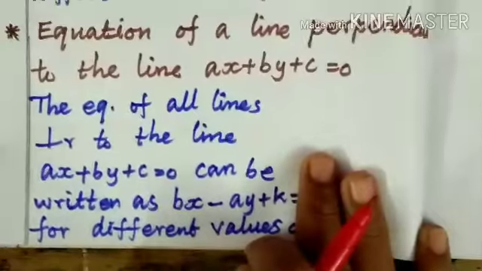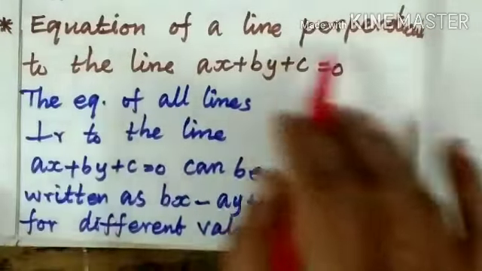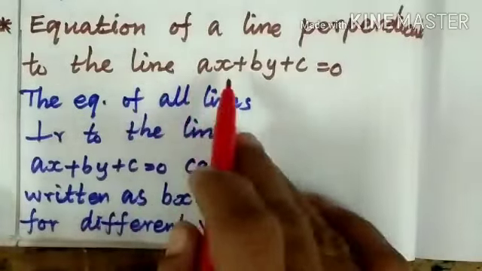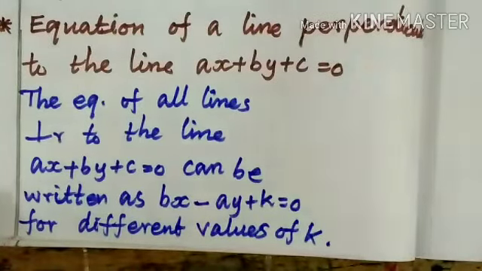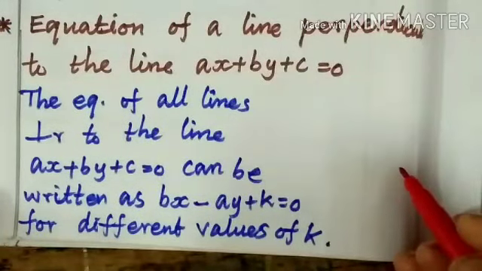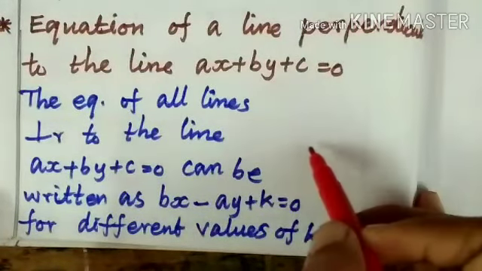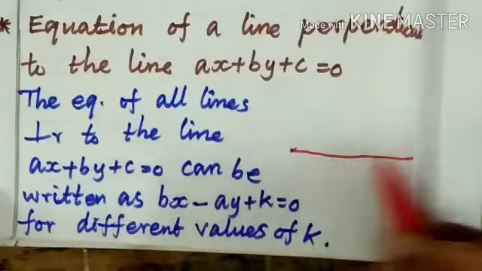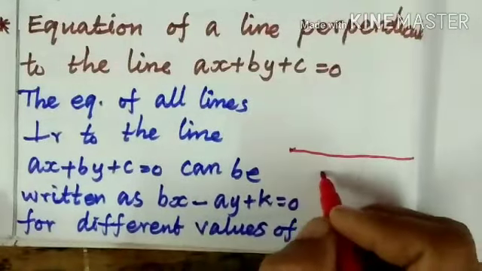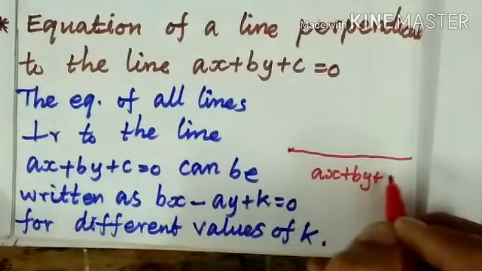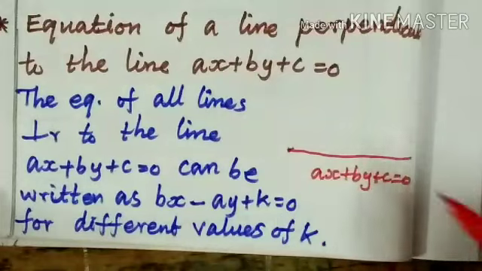See the second subdivision, equation of a line perpendicular to the line ax plus by plus c is equal to 0. This is the given line. This line equation is ax plus by plus c is equal to 0.